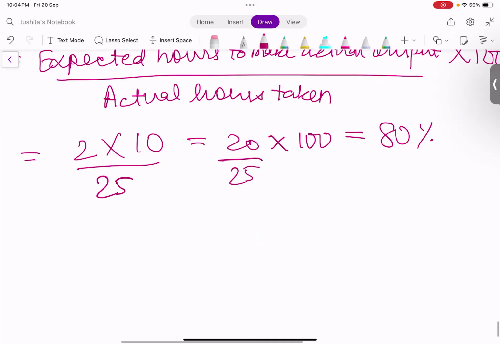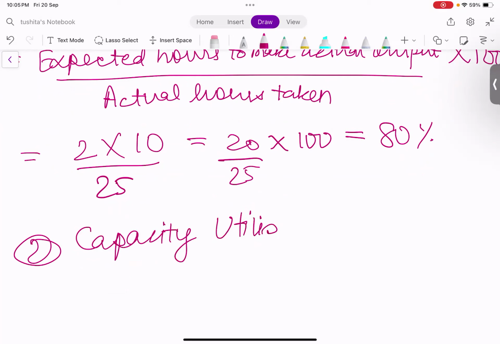Now coming to the next ratio, which is known as the capacity utilization ratio. This basically wants to check that for how many hours am I available? Are you using the employees for the entire time that they are available?